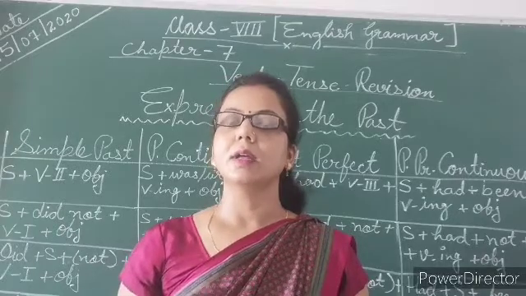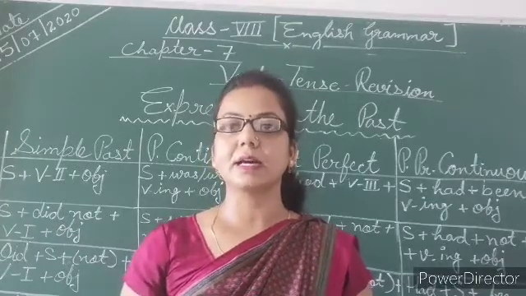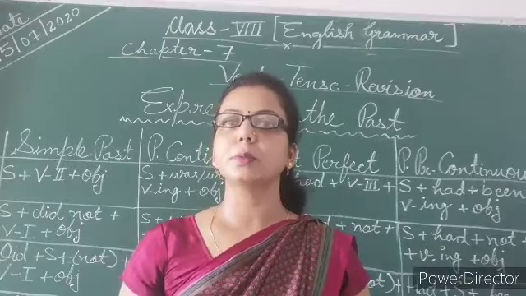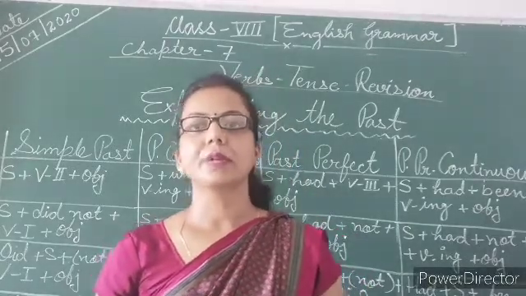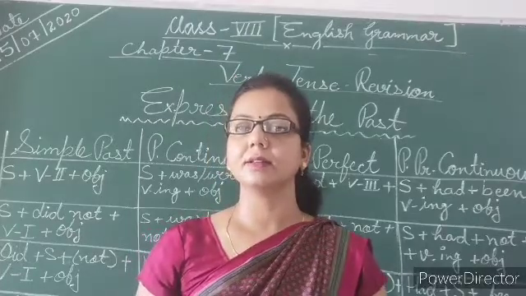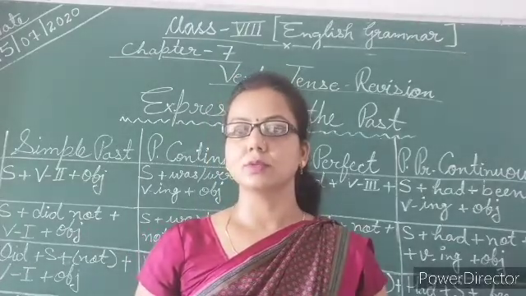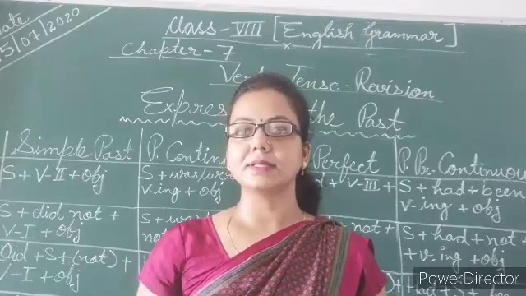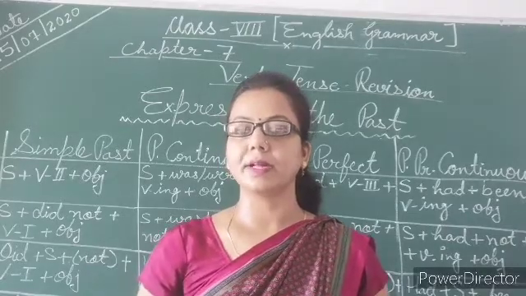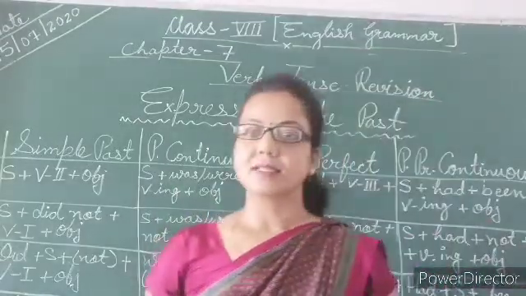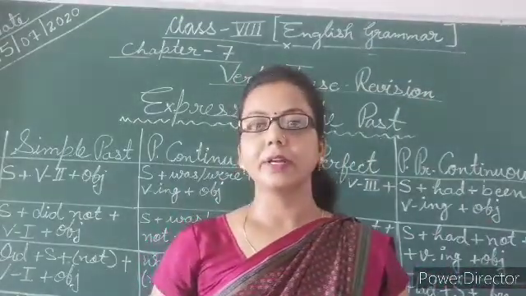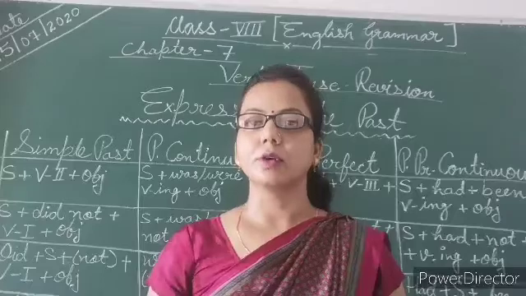But how can we express our feeling with correct words, with correct forms? So if we divide past tense, in the same way as present tense we get four formats: simple past, past continuous, perfect and perfect continuous.